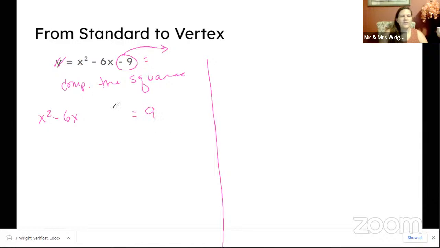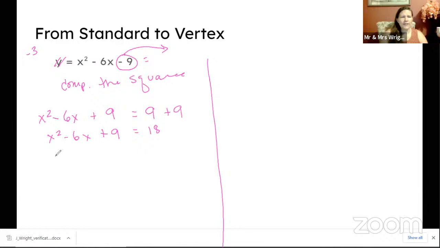Now to figure out what's going to go in the blank here, I'm going to go ahead and half this. Half of -6 is -3. And then I square it. And I'm going to add what I squared, -3 times -3 is +9, to both sides. So I'm going to have here x squared minus 6x plus 9 equals 18.